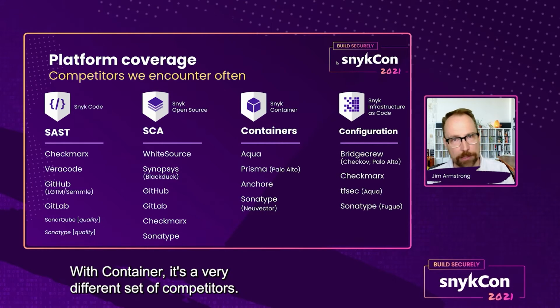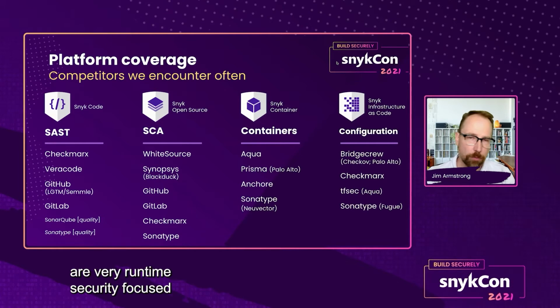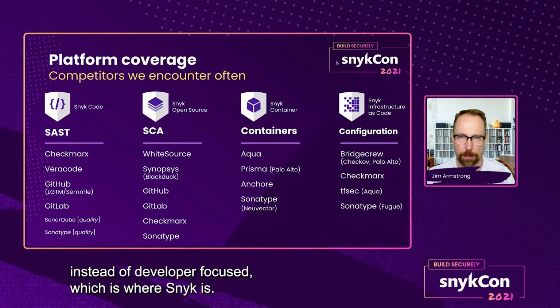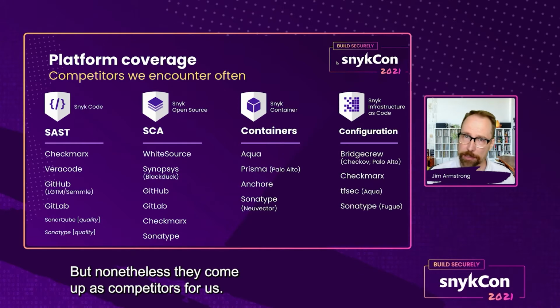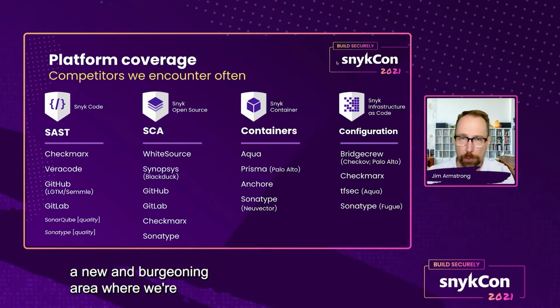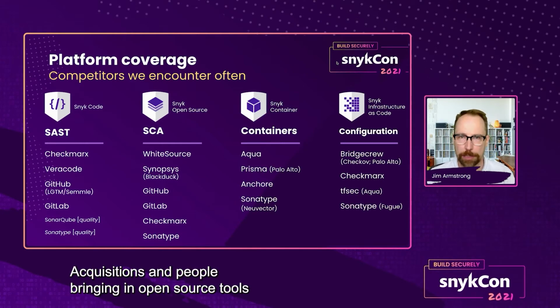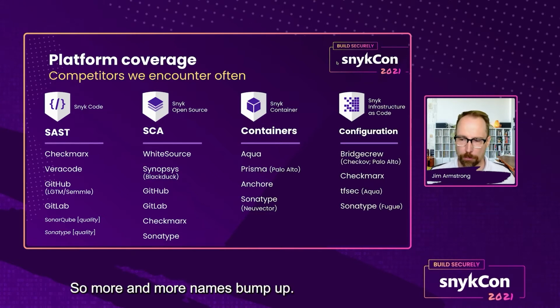With container, it's a very different set of competitors. Almost all of our competitors there are very runtime security focused instead of developer focused, which is where Snyk is, but nonetheless, they come up as competitors for us. And then of course, infrastructure as code, a new and burgeoning area where we're seeing a lot of movement in the market, acquisitions and people bringing in open source tools and those kinds of things. So more and more names pop up.